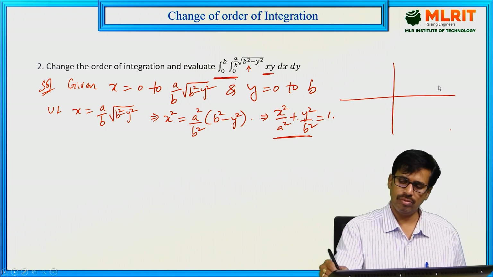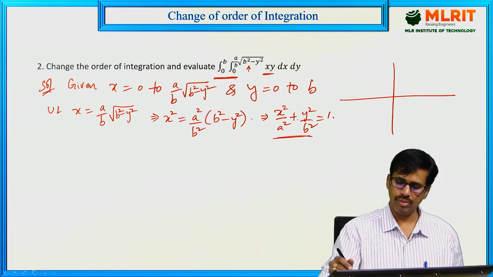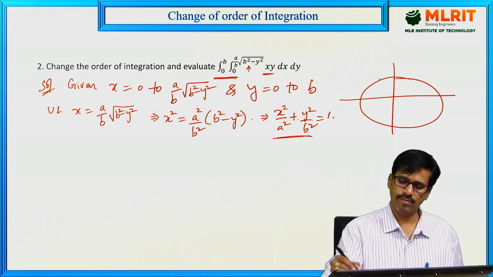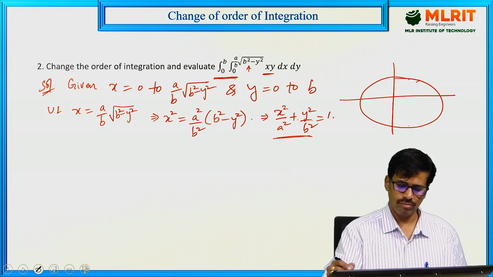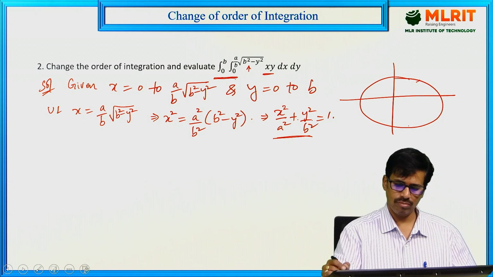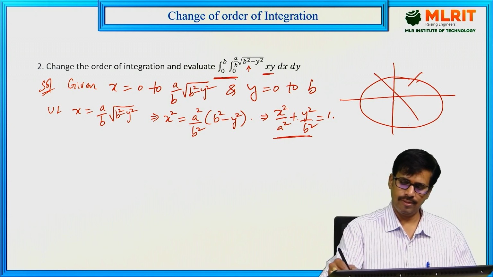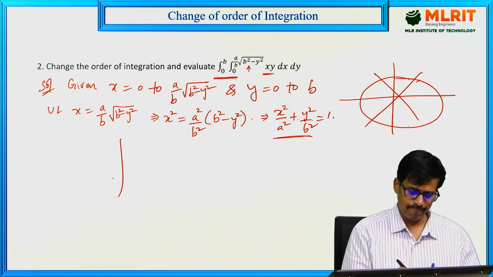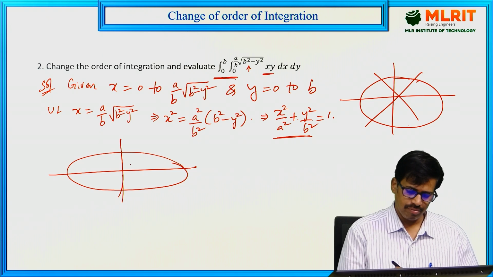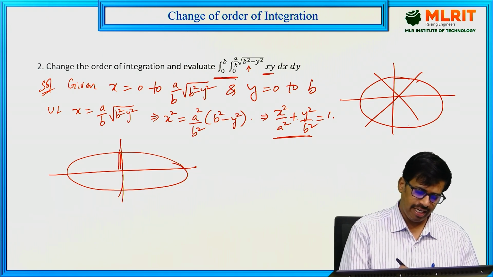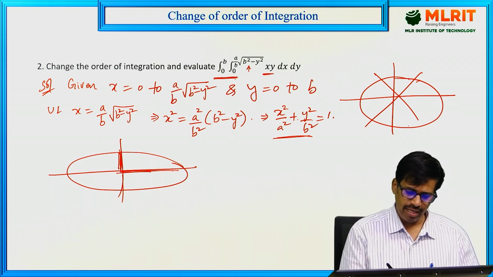This looks like a circle, but this is the ellipse, and the region of integration is completely in the first quadrant.